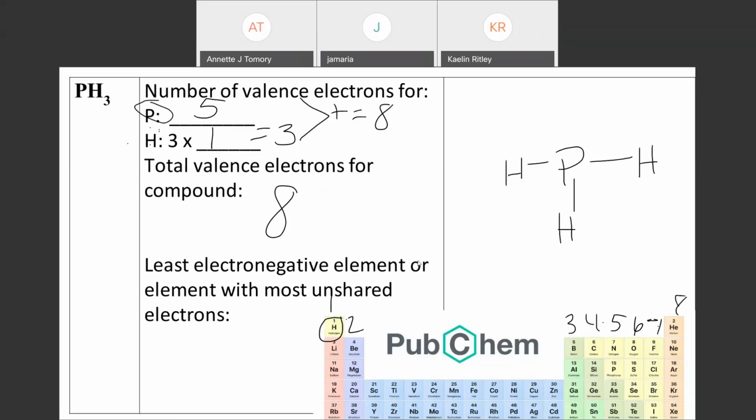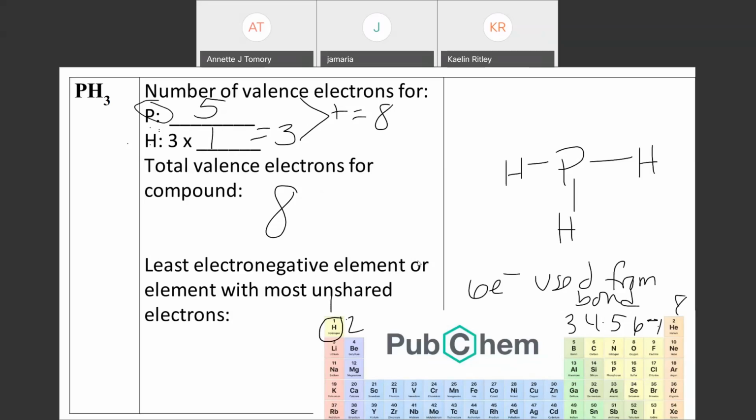Now, how many electrons are in each one of those lines? 2. So we have 6 electrons used up from the bonds.